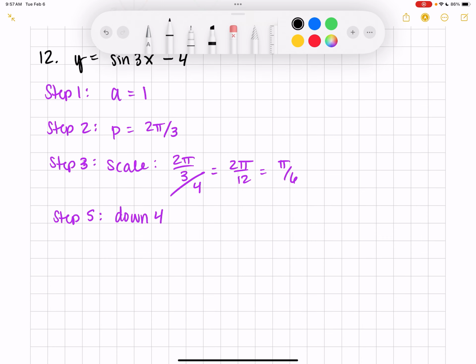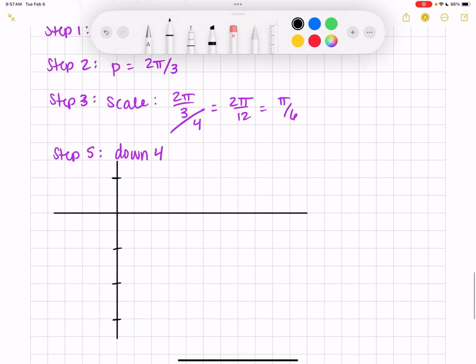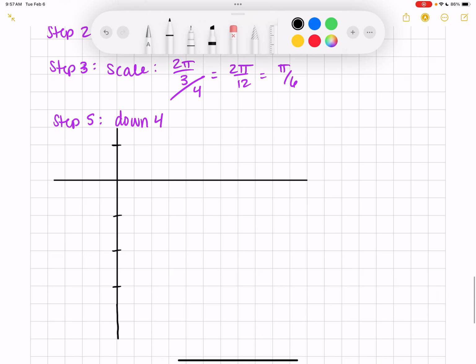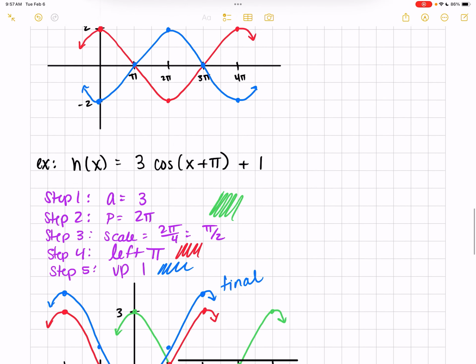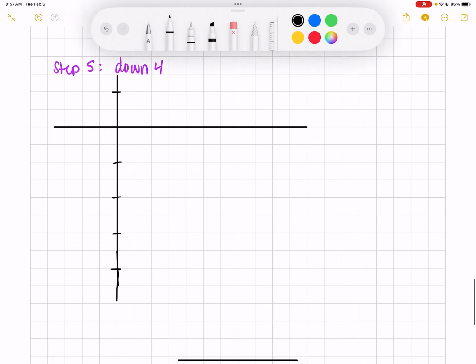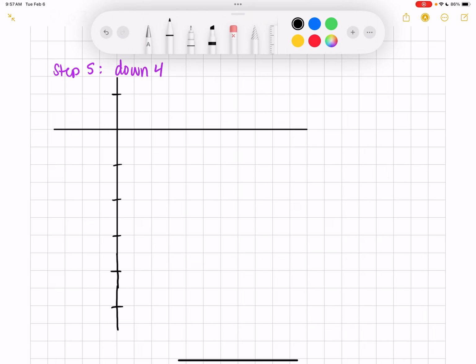I'm making this graph excessively large for no reason. Okay, anyways. All right, so initial graph.